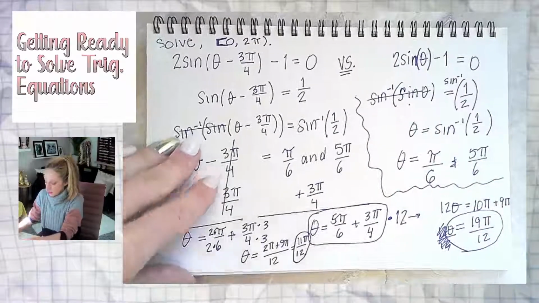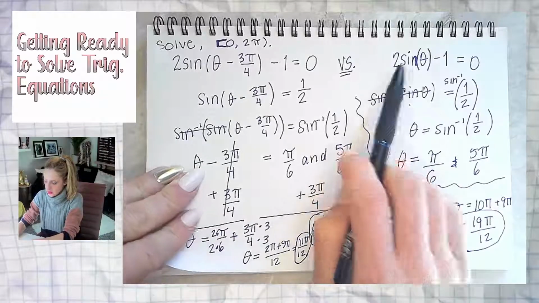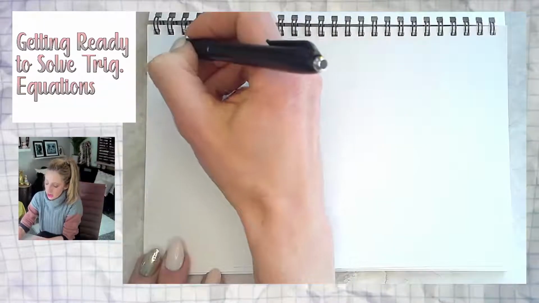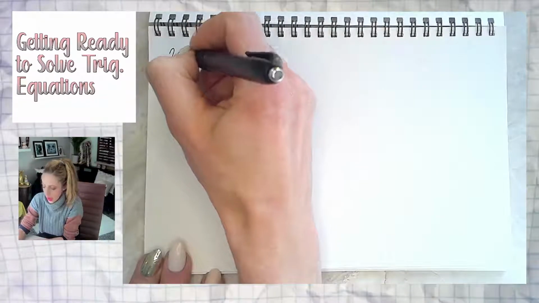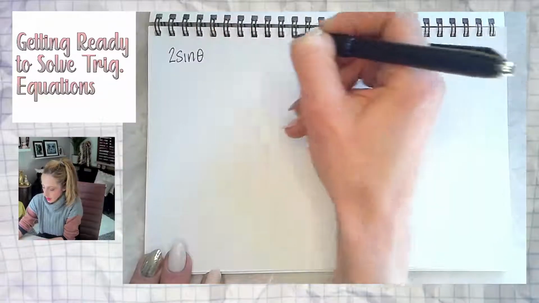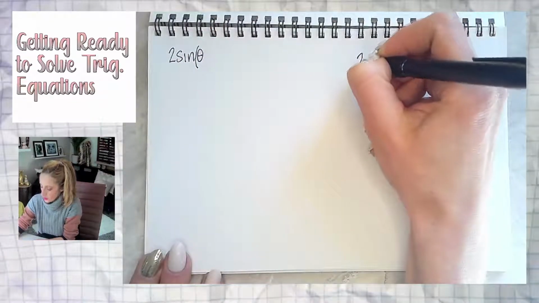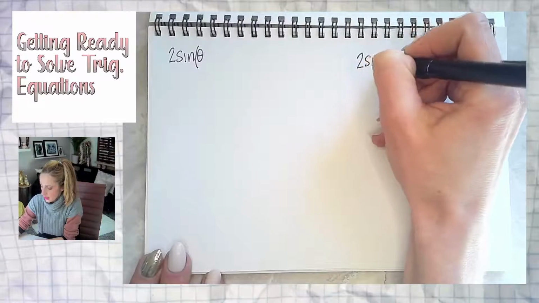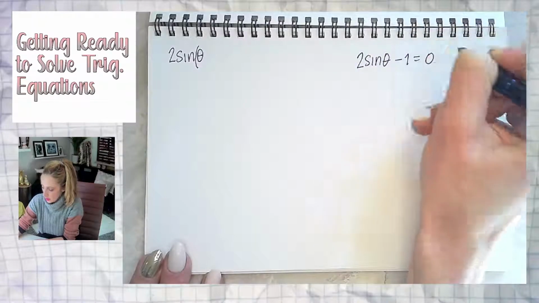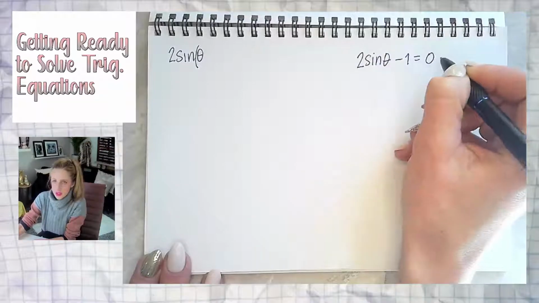Now attach it back to the pictures of these things, okay? So if I looked at the one on the right side, actually, I guess I'll keep them in the same order. This one said 2 sine theta minus 1 is 0. This is us solving a system of equations.